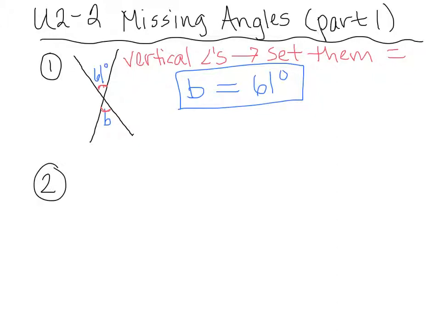Now in a second example, let's look at this picture. Let's say we have a couple angles here. This angle says 33 degrees. This angle has a B inside of it.